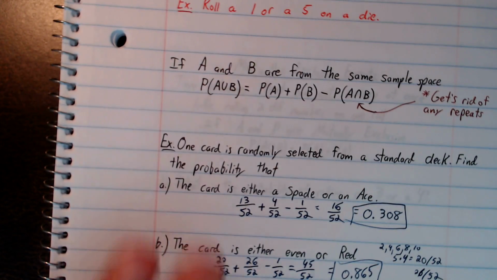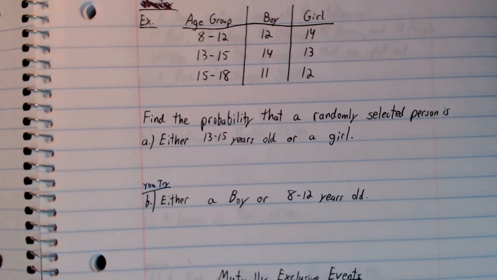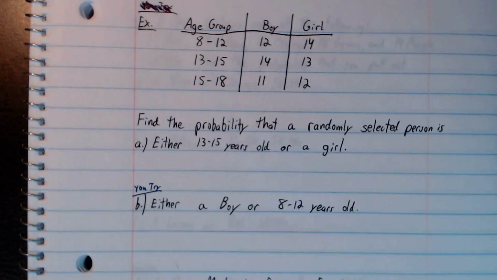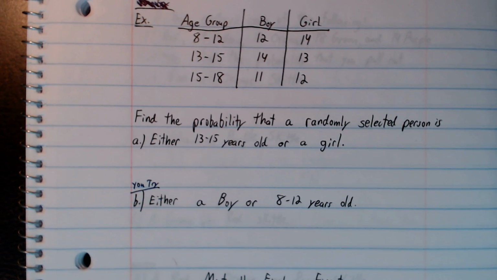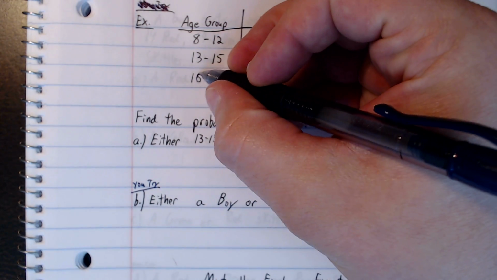Something that could happen from the same situation. So let's look at some different things that could happen. Maybe we're looking at statistics. Okay, we have age groupings from 8 to 12, 13 to 15, and let's make that 16 to 18 just because we don't want the overlap there.